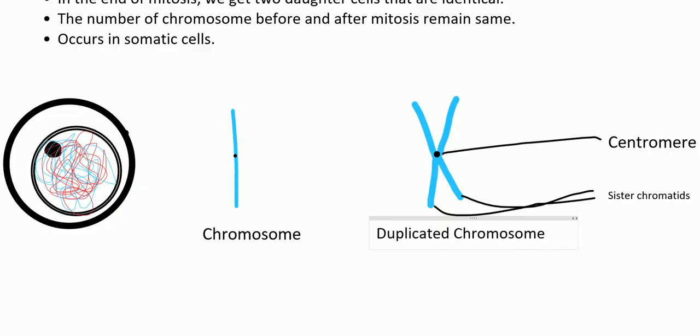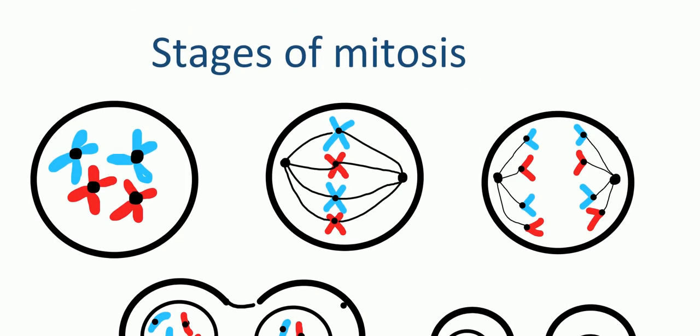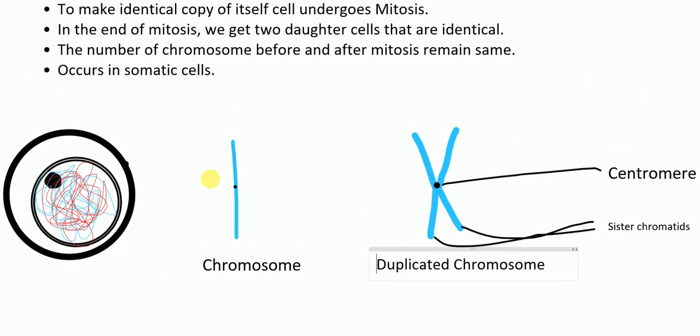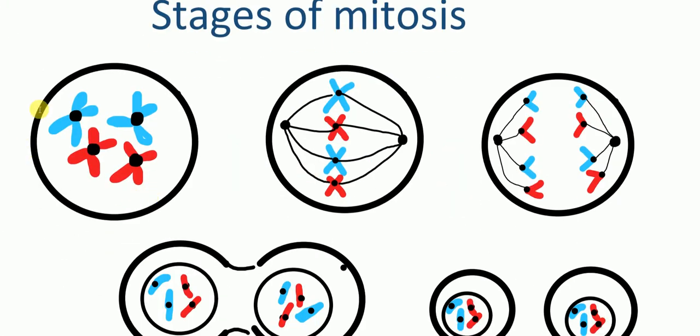In prophase, which is the first stage of mitosis, the nuclear membrane disappears. As you can see here, there was a nuclear membrane over here. In prophase it disappears and chromosomes become visible. The X-shaped structures you can see now are the chromosomes.